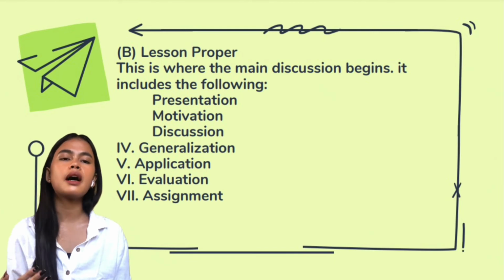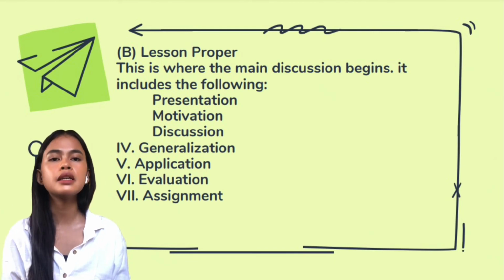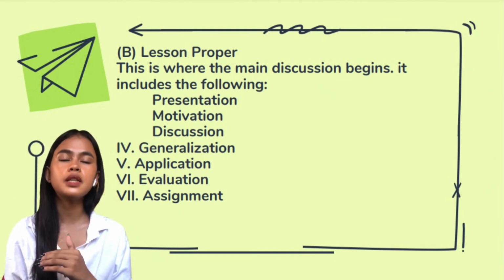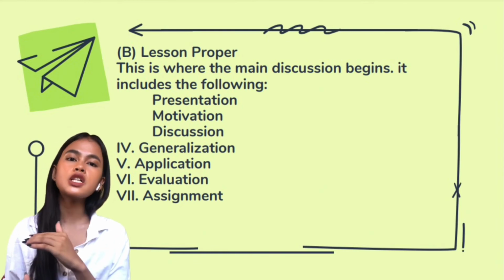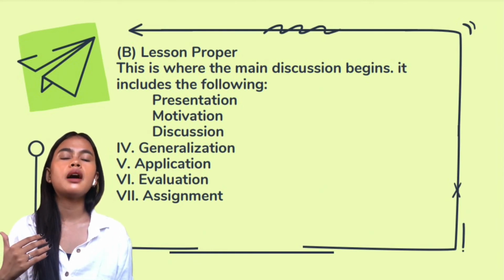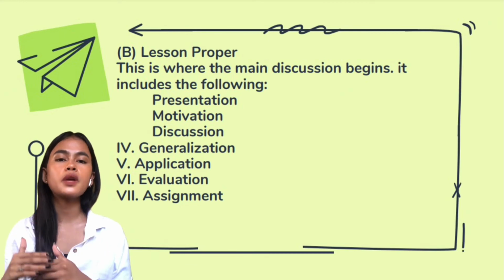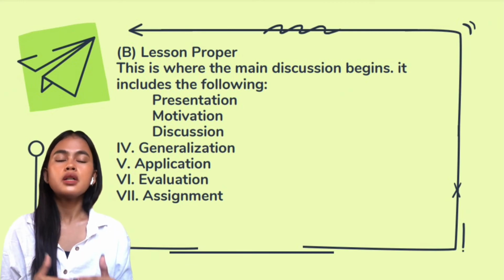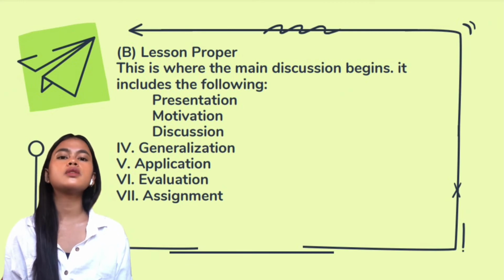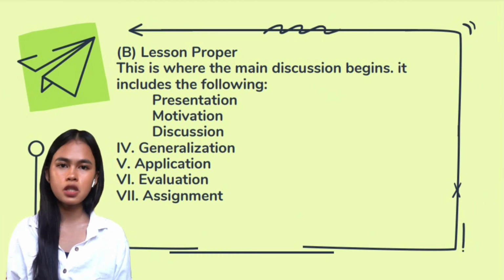This is where the main discussion begins, and it includes the following: the presentation. It can be a picture or illustration, video, songs, and so on. The next one is the motivation.